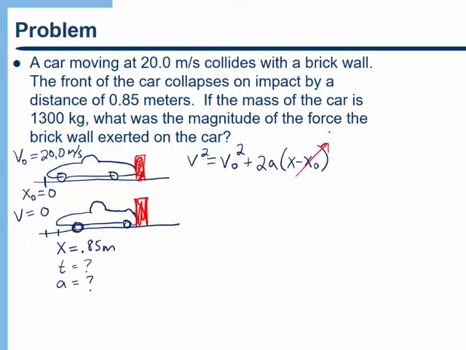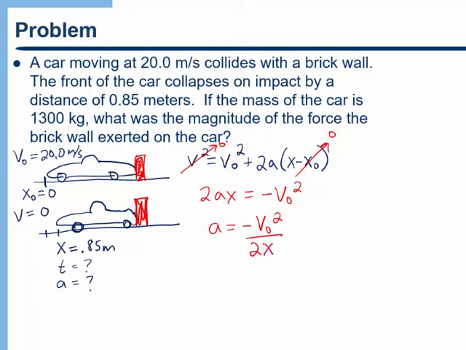That's x naught is 0, and the final velocity is 0. And go ahead and solve algebraically for the acceleration. We get 2ax is equal to negative v naught squared, or a is equal to negative v naught squared over 2x.